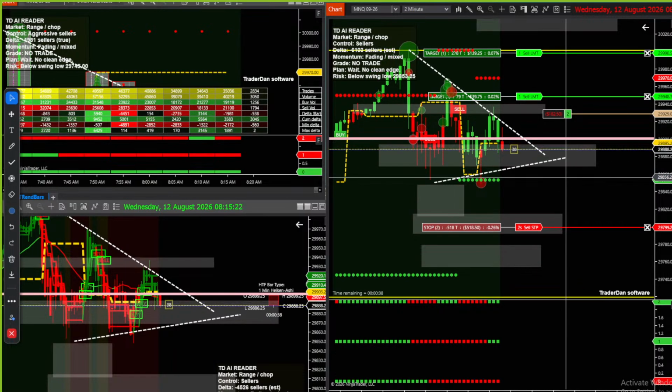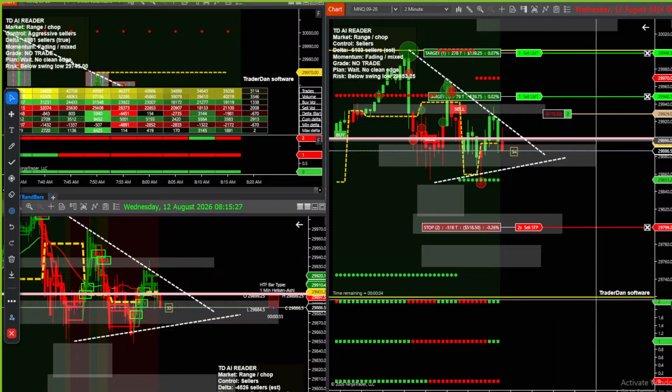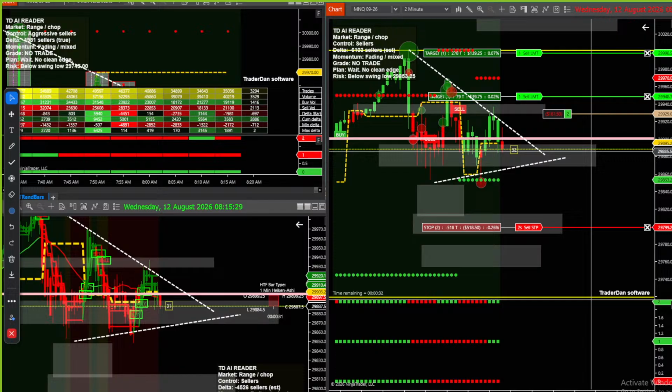Starting to look like it's going to go into a short, guys. Come on, shoot it back up. Everybody's trying to short this here.